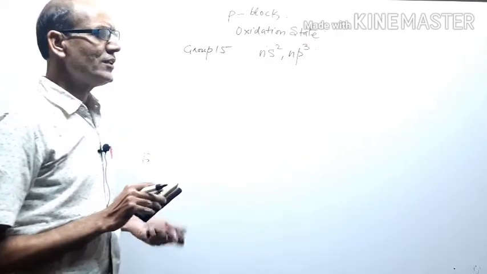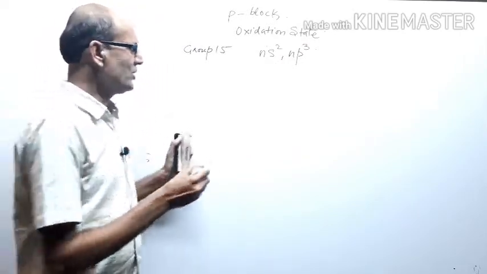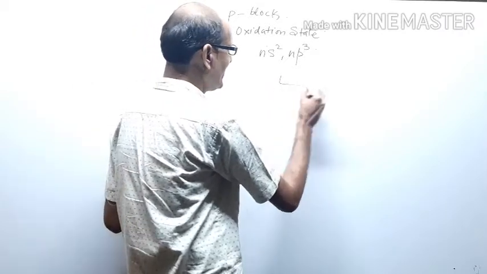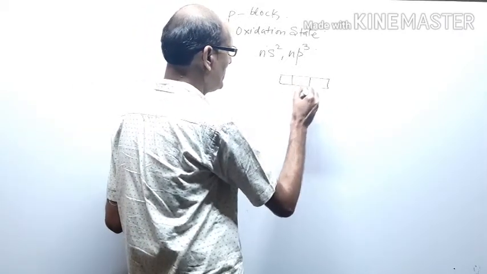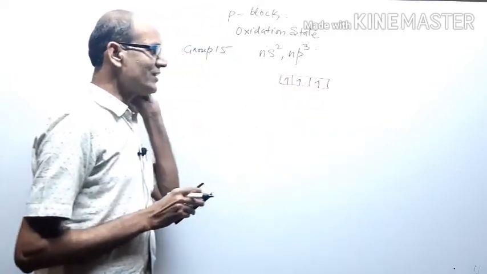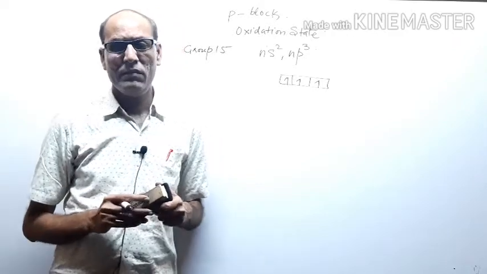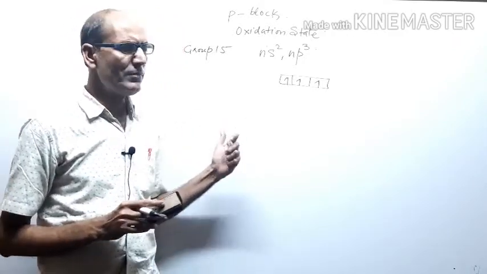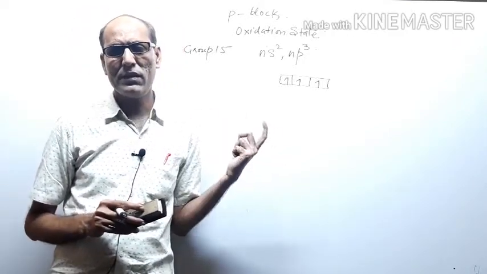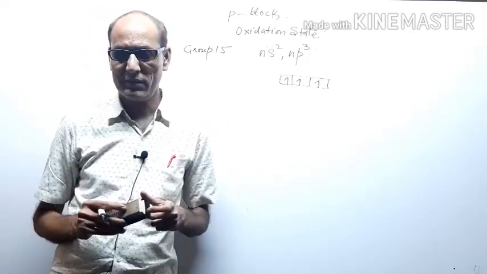It contains 3 electrons in the p subshell. That means 3 unpaired electrons are present in the p subshell. So oxidation state can be explained by 2 methods: by the loss, or you can say the transfer of electrons, and by the sharing of electrons.